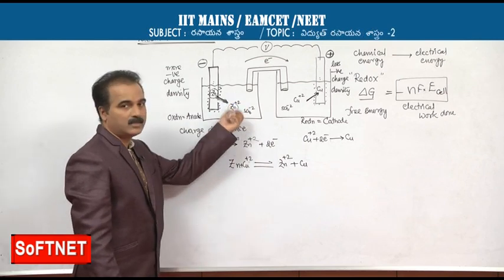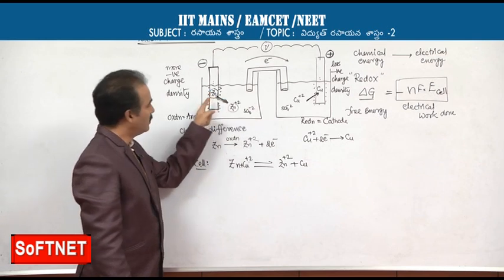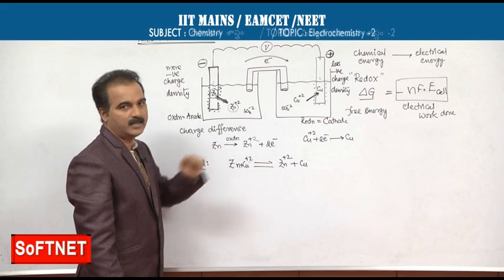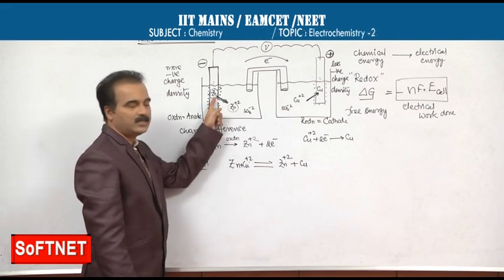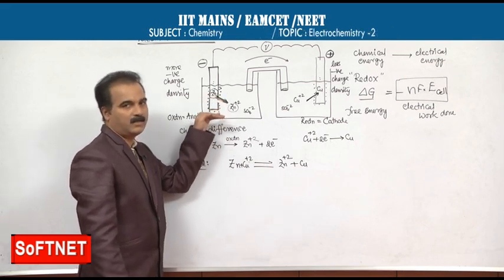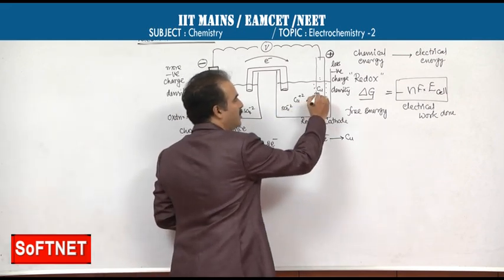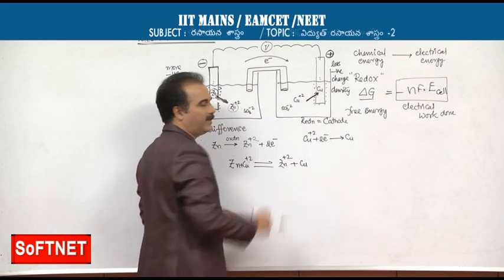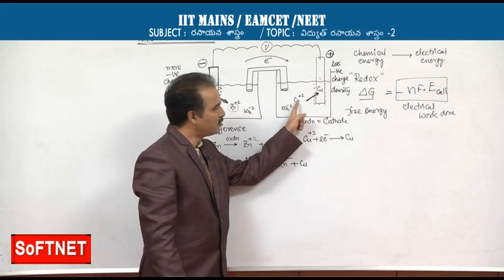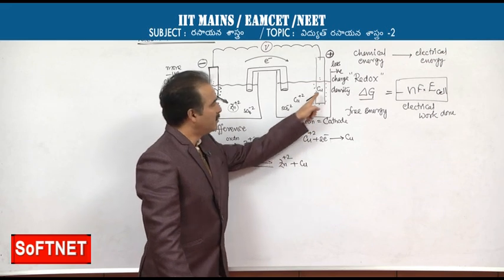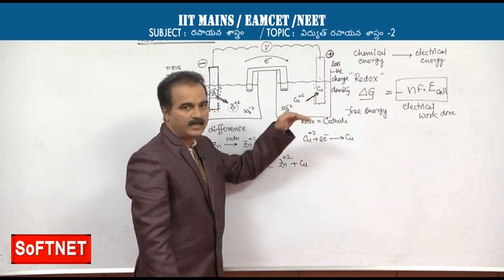As the concentration of zinc plus 2 increases, the tendency of zinc to go into solution gradually decreases, meaning the potential developed here gradually decreases. Similarly, as copper plus 2 keeps undergoing reduction, the copper plus 2 concentration here keeps decreasing. As a result, the reduction potential also decreases.